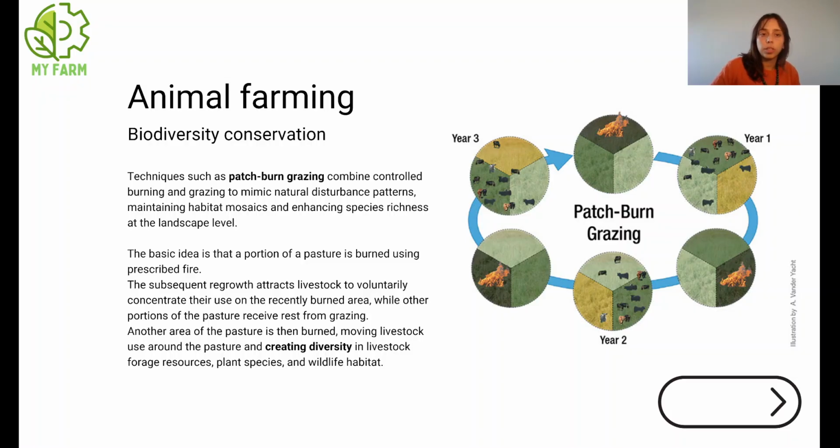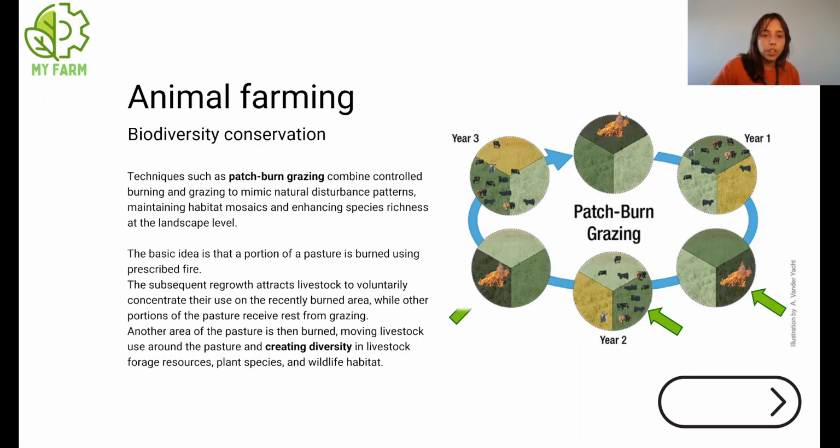So, what is patch burn grazing? The basic idea is that a portion of pasture is burned using prescribed fire, as you can see here in the figure. The subsequent regrowth attracts livestock to voluntarily concentrate their use on the recently burned area, while other portions of the pasture receive rest from grazing.